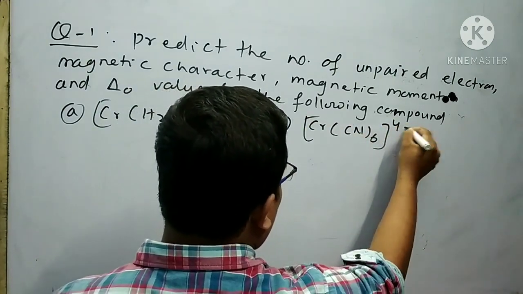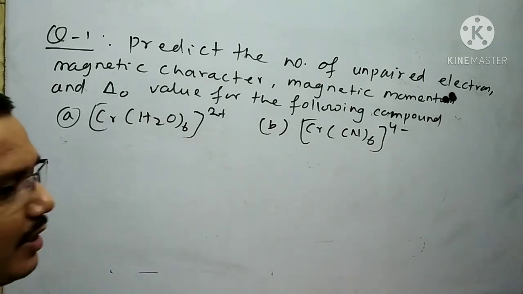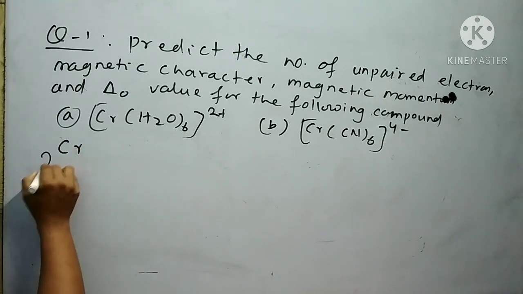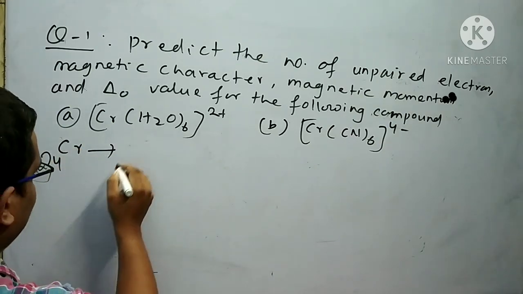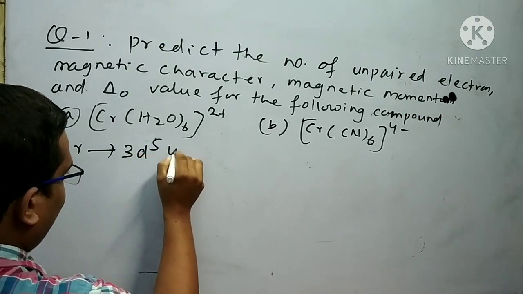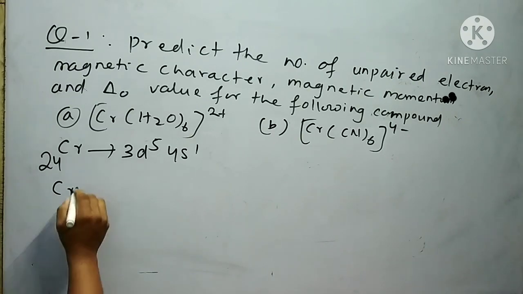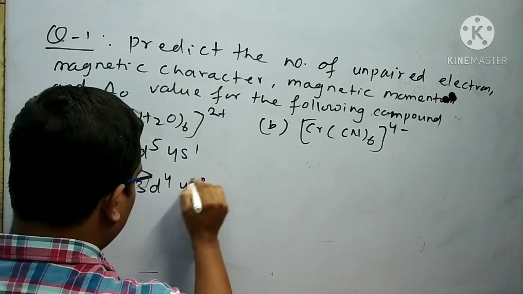[Cr(CN)6]4-. In this case, the chromium exhibits +2 oxidation state. The atomic number of chromium is 24. The electronic configuration of chromium is 3d5 4s1. The electronic configuration of Cr2+ is 3d4 4s0.